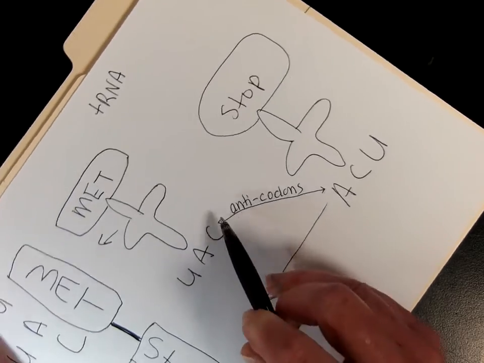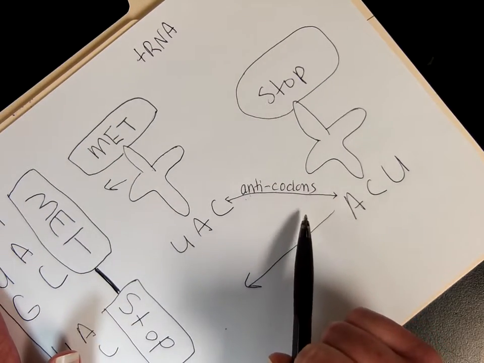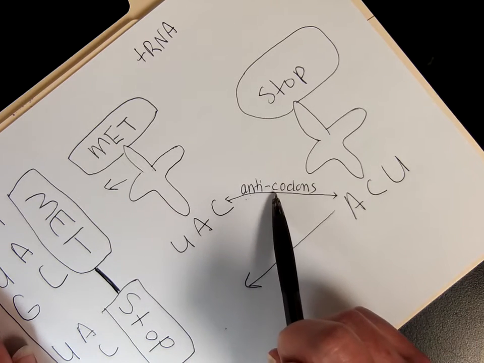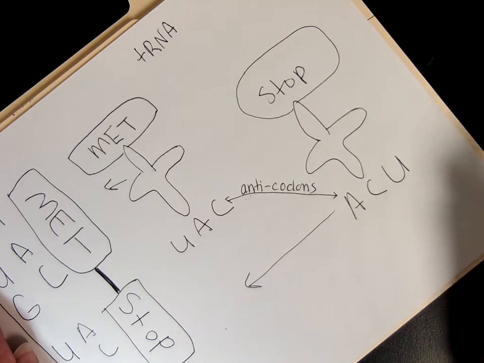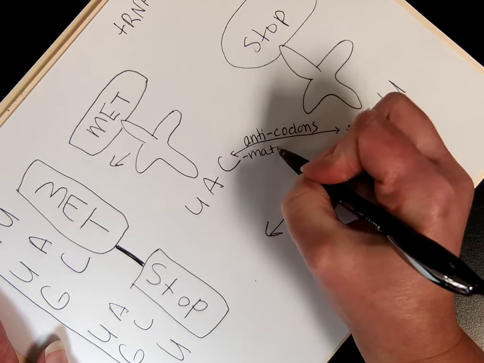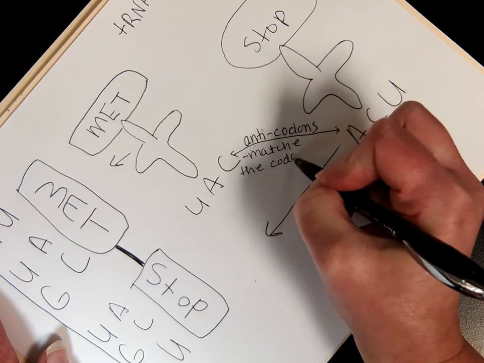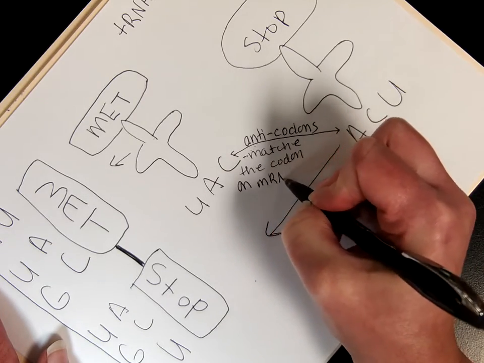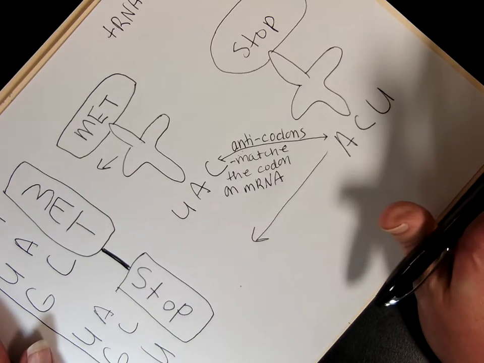Now, anticodon, I don't know about you, but this sounds like such a negative term, but it's not a negative term. It's not a positive term either. All that it means is it's just the match to the codon on the messenger RNA. So nothing anti about it. It's weird.